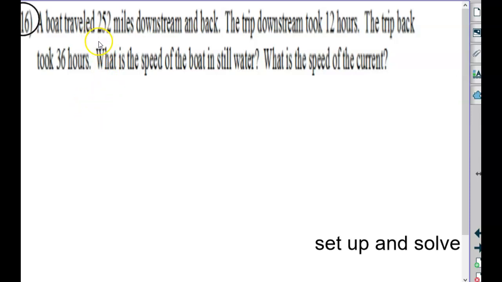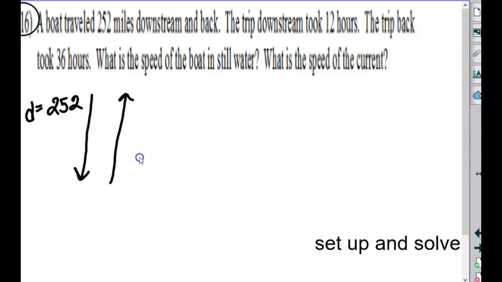I believe this is 252 miles downstream and then 252 back, okay? The 252 is each way. So it's 252 downstream. That's a distance. And then it's 252 back.